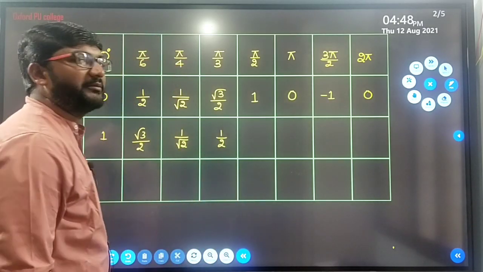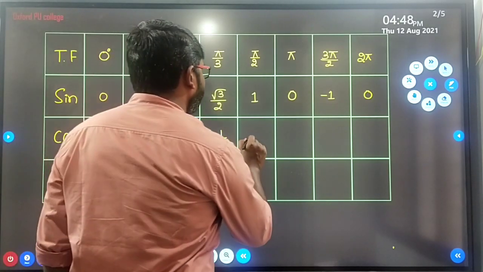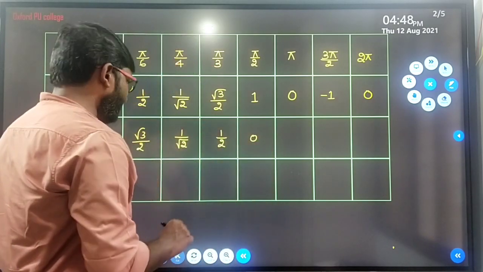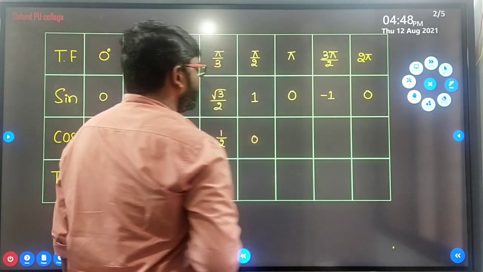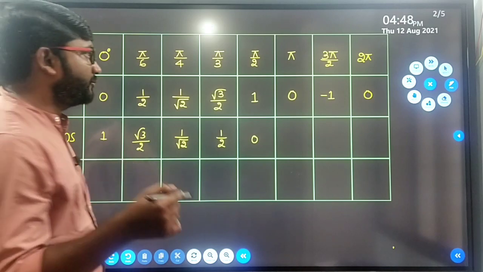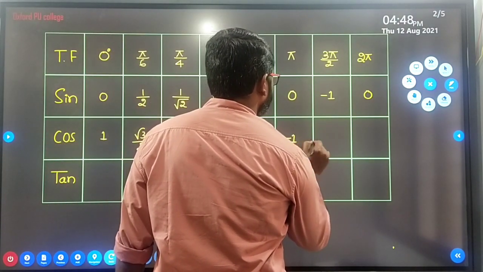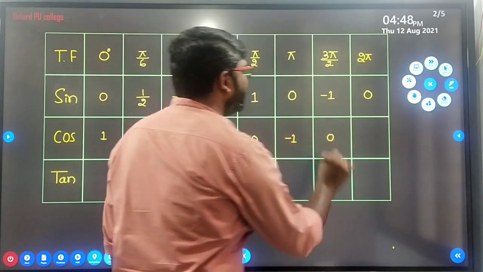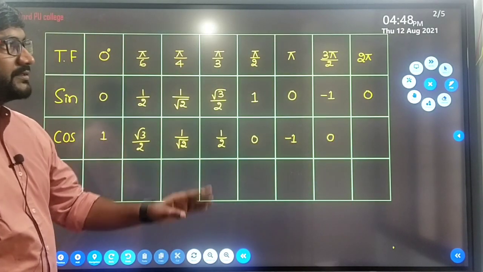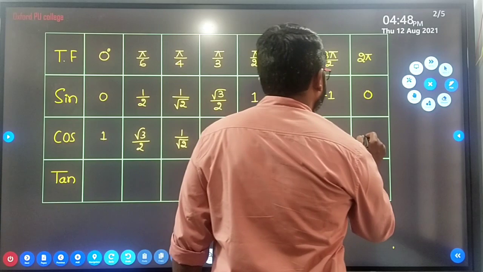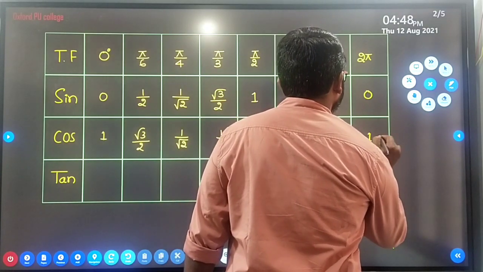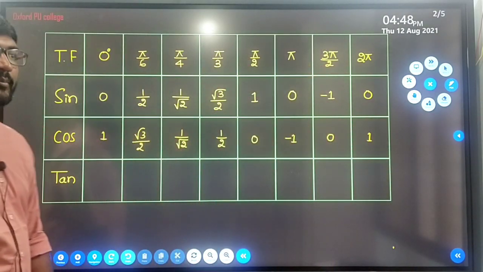Then cos 90 it is 0. Then cos pi or cos 180 degree it is minus 1. Then cos 3 pi by 2 it will be 0. Then cos 2 pi it will be plus 1.